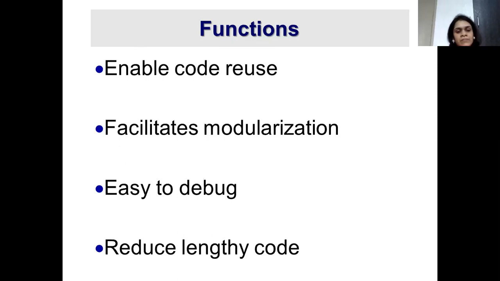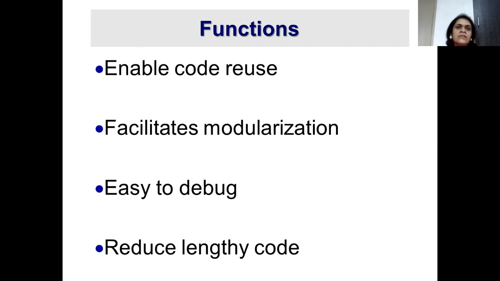Also, making use of functions makes it easy to debug the program. If there is a bug in a particular function, you need to debug only that particular function, and need not debug the whole program. Also, it reduces the length of the code.